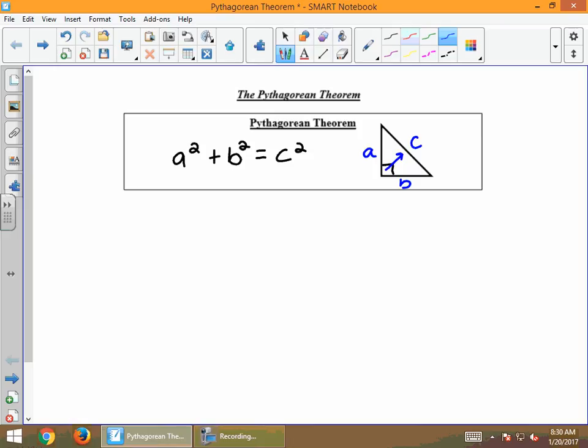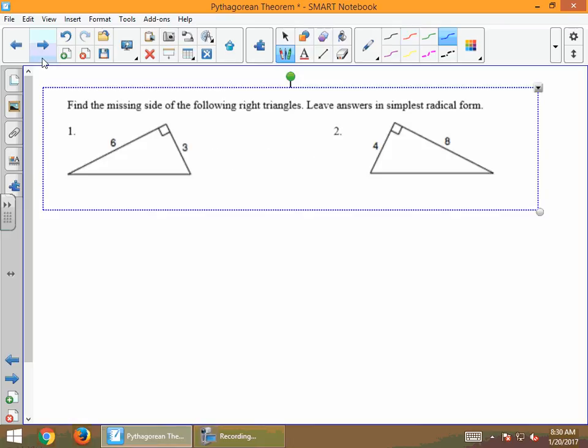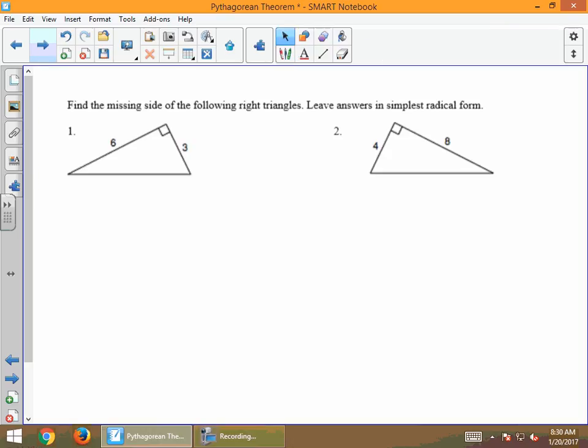If we take a look at some examples, we want to find the missing side of these right triangles. You can use the Pythagorean theorem to find the missing side of a right triangle. So go ahead and label.